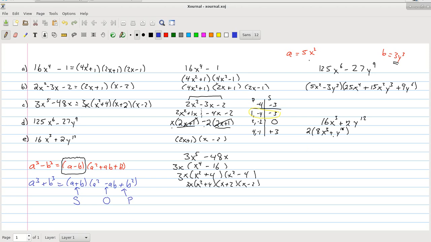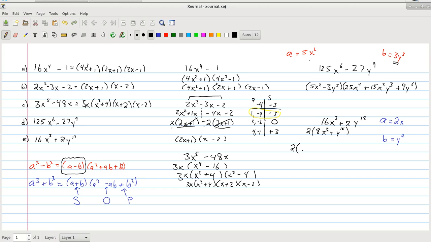Let's now use that to identify the factors in our problem. A is the quantity that when cubed gives you 8x to the 3rd. So a must be 2x. B is the quantity that when you cube it, you get y to the 12th. So b must be y to the 4th. Let's now plug the a and b into the formula in blue. So the 2 will just stay out in the front.